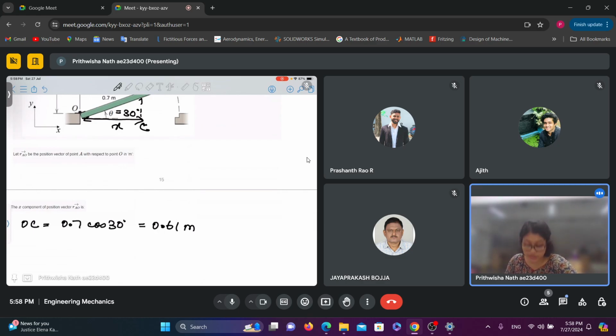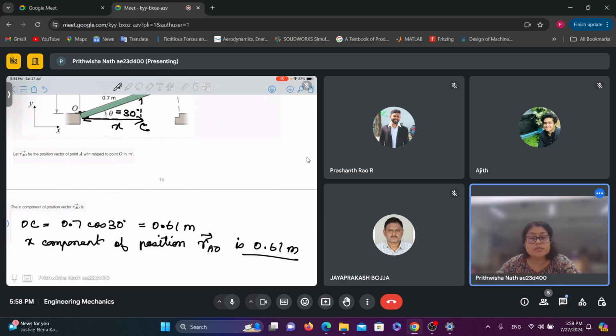That is the x component. X component of position vector RAO is 0.61 meter. Is there any doubt?